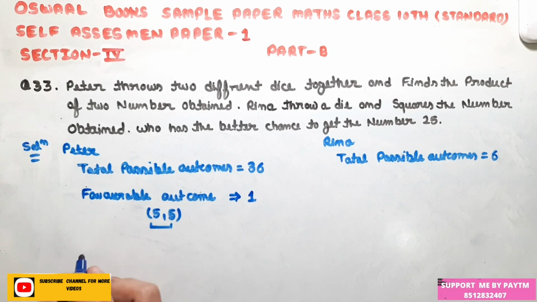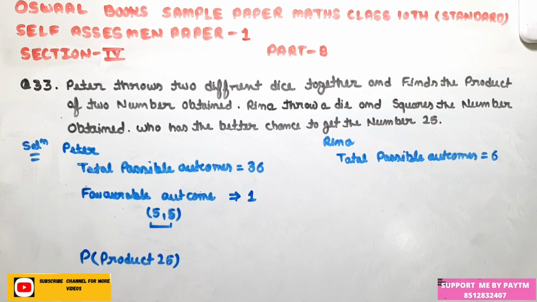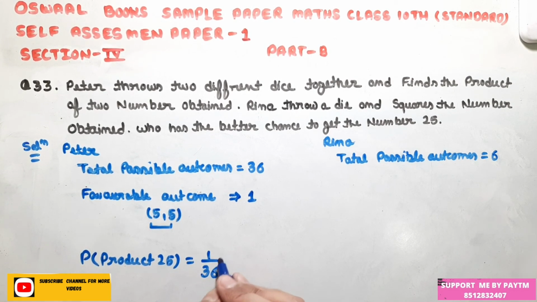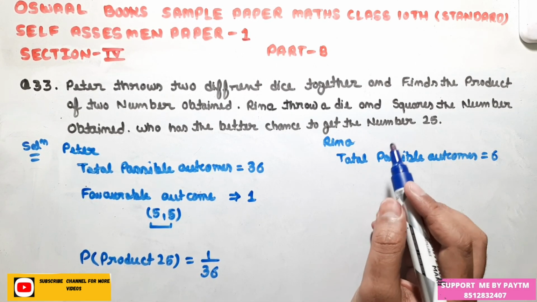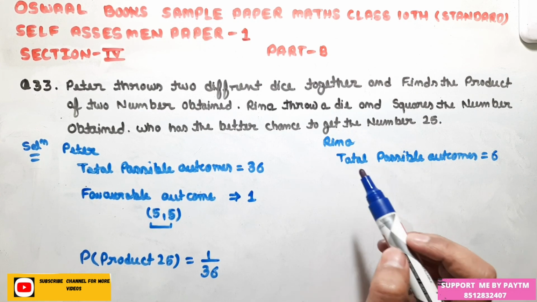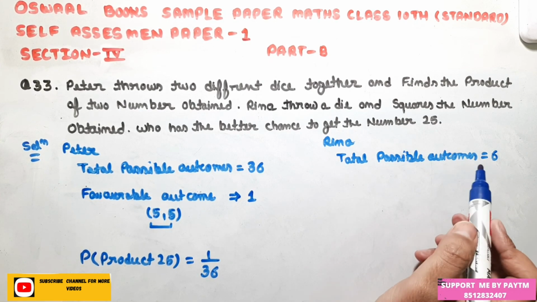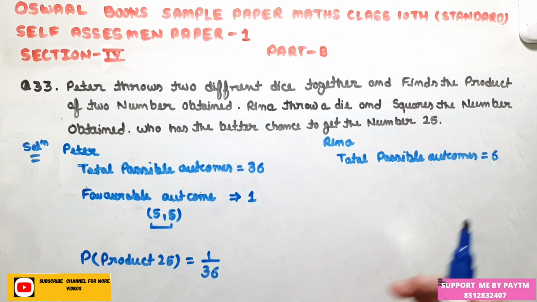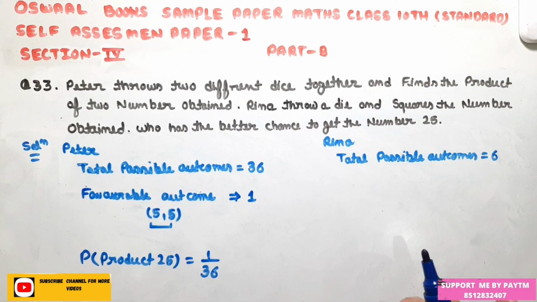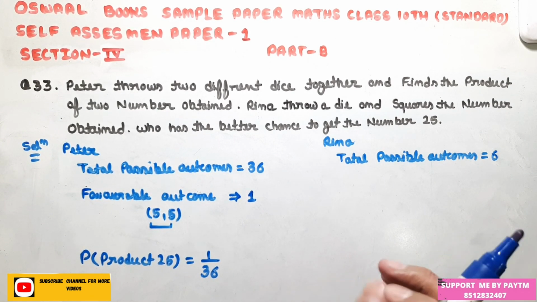So the probability of getting product 25 will be 1 upon 36, that is favorable outcome upon total possible outcomes. Now, in the case of Reena, Reena is throwing one dice, so the total possible outcomes are 6, and she squares the number obtained.